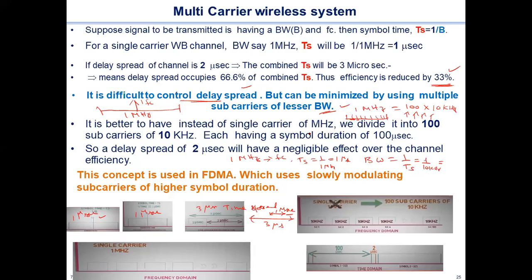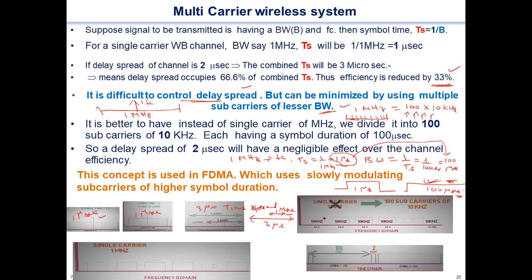Okay, that means what happened? The original time period of the signal was 1 microsecond. Before OFDM, symbol period was this much only, 1 microsecond. But after taking the OFDM modulation, I'm using a symbol period duration of 100 microseconds.